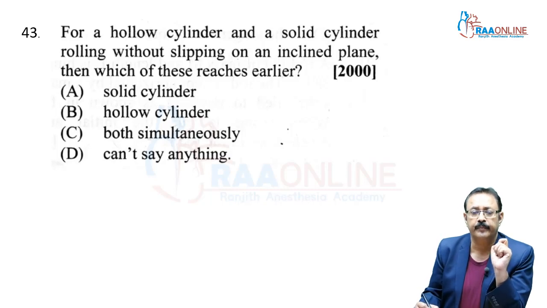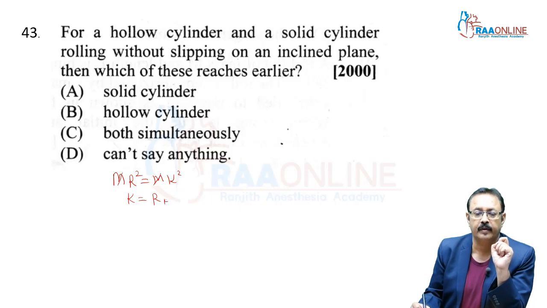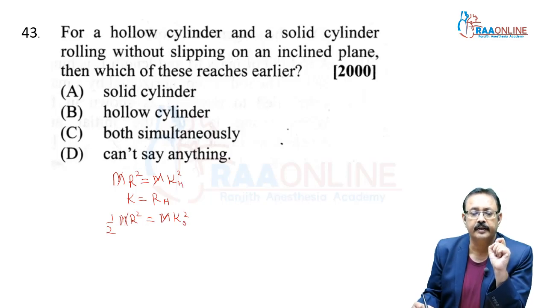For hollow, m r square is equal to m k square, so K is R. For solid, half m r square is equal to m k square, so for solid, K is r by root 2.